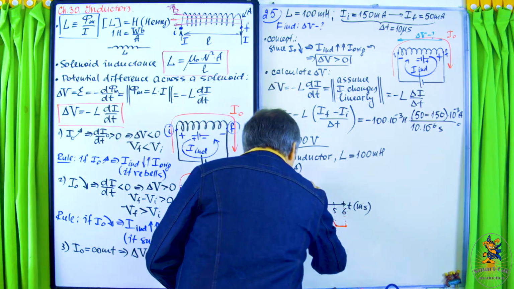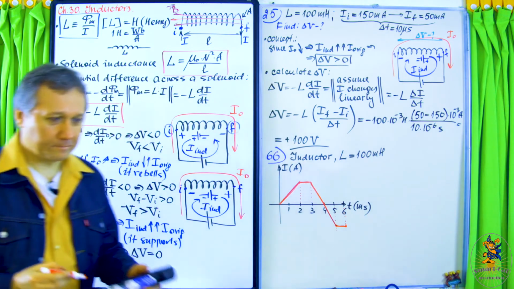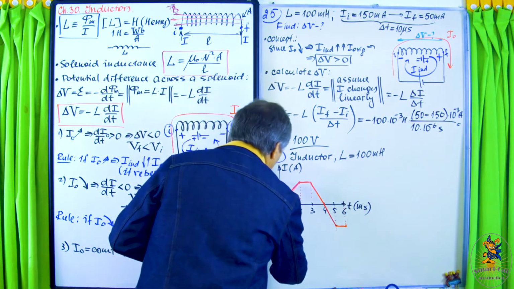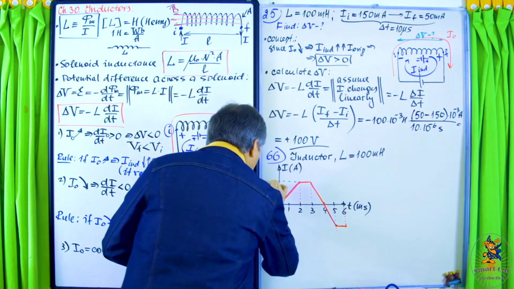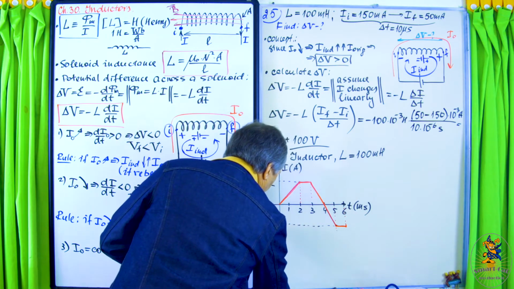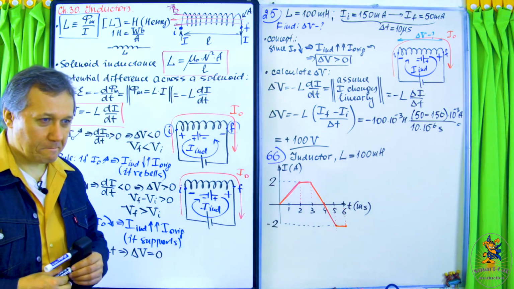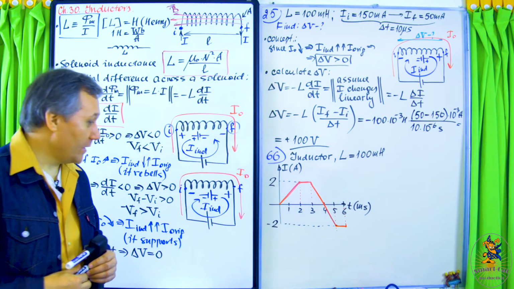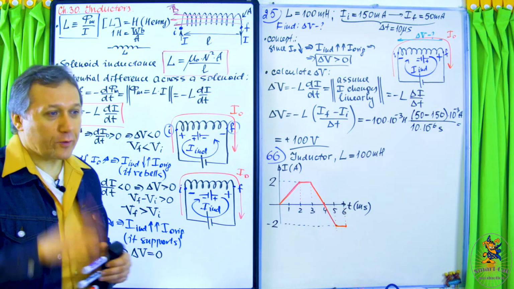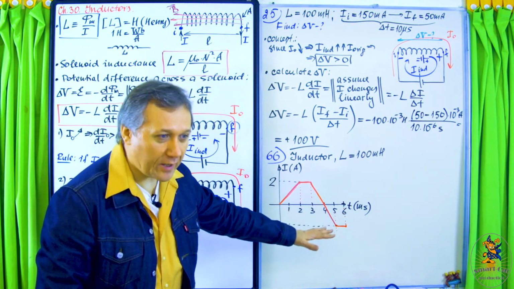Let me make this line thicker. And this is 2 amps, and this point is -2 amps. So first of all, now we know what happens to the current through the inductor.